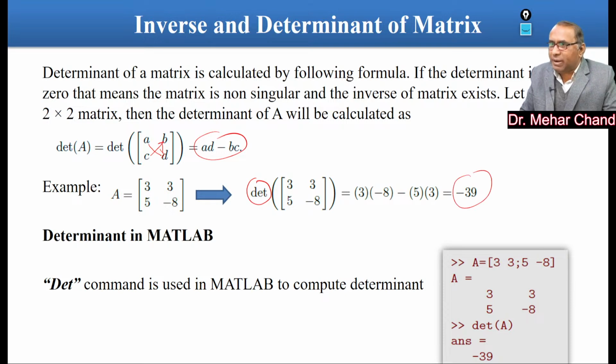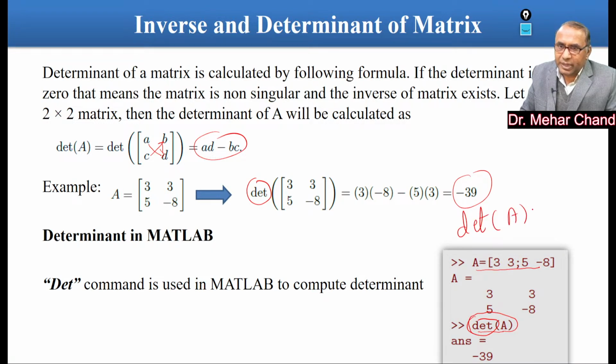And how can you get it in MATLAB? We will use this function. First we need a matrix, then we use the determinant function in MATLAB in this way, determinant of A, and this will return the determinant of A, which will be minus 39.